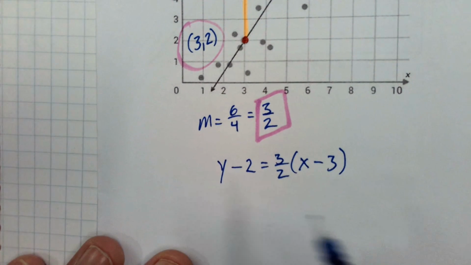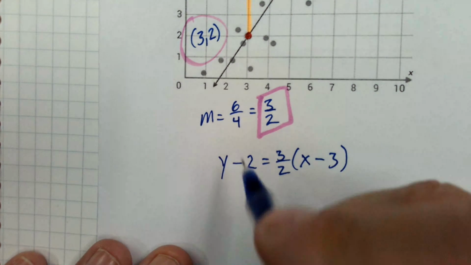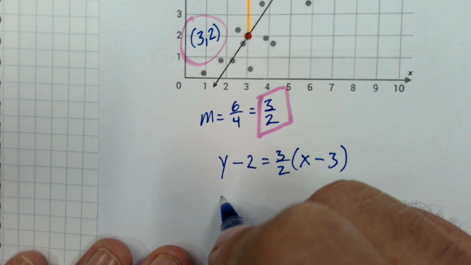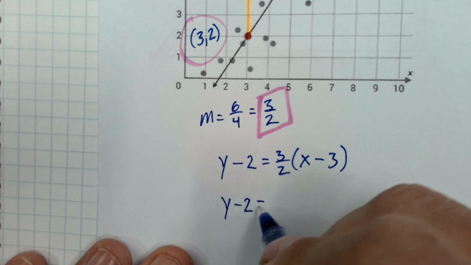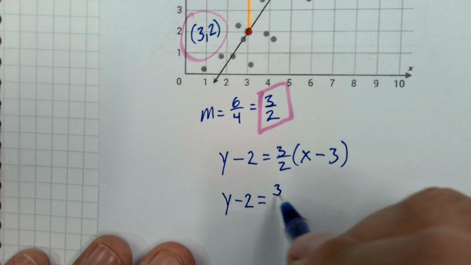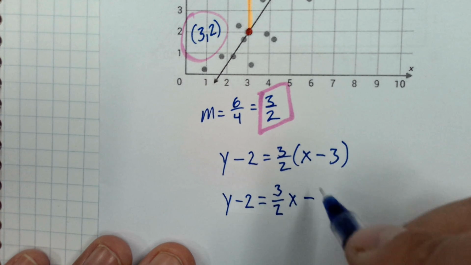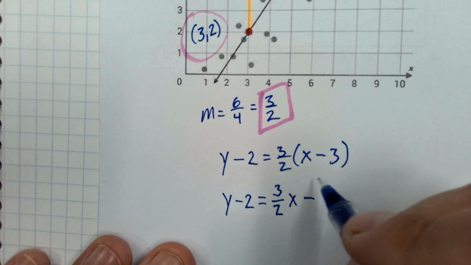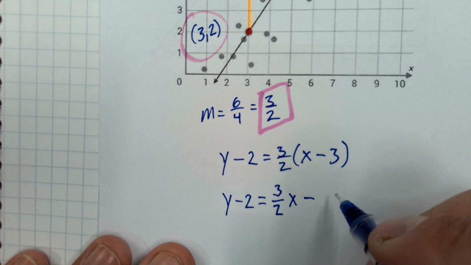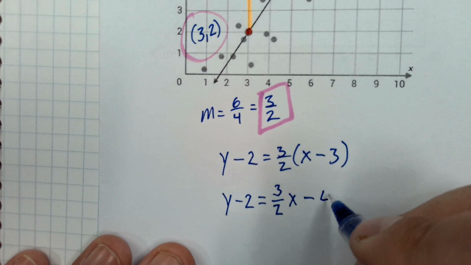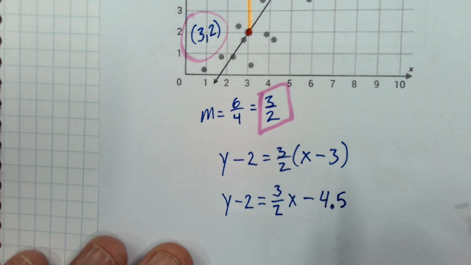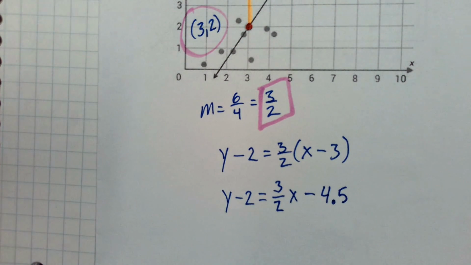All right. So let's see here. Y minus 2 equals 3/2 x minus 3/2 times, how much is that? 4.5. Yeah, the thing is, these might give you some messier numbers, but not horrible.